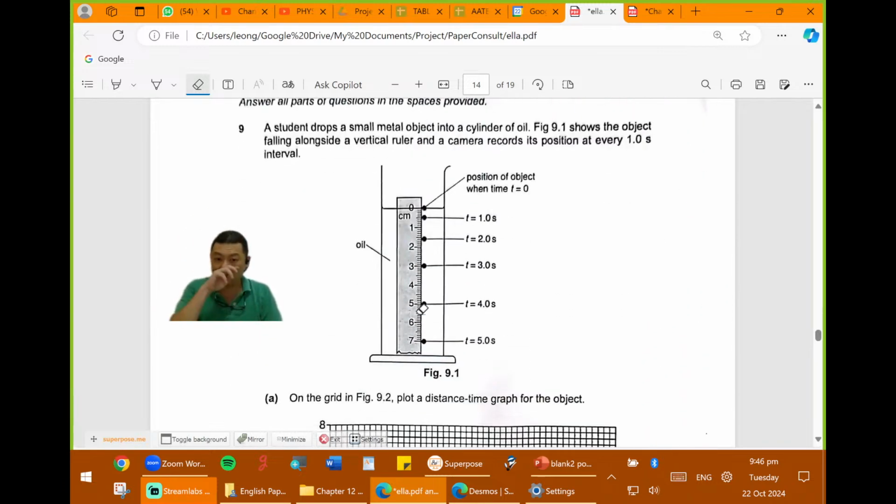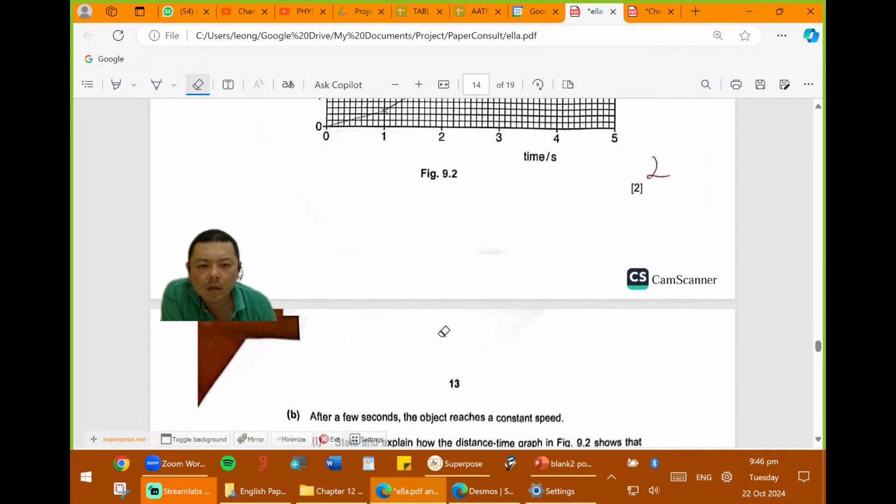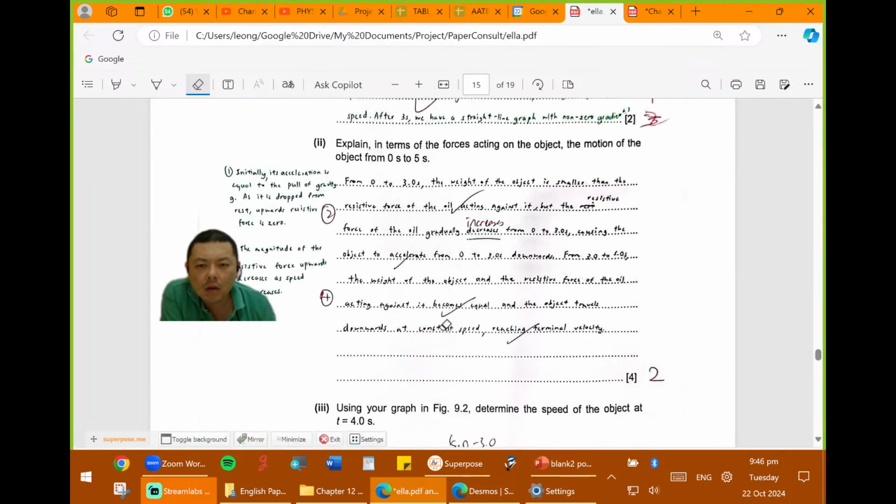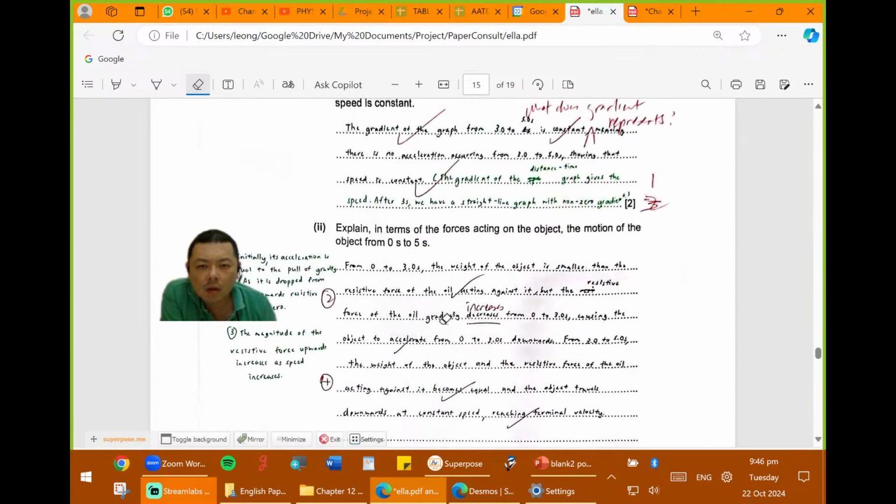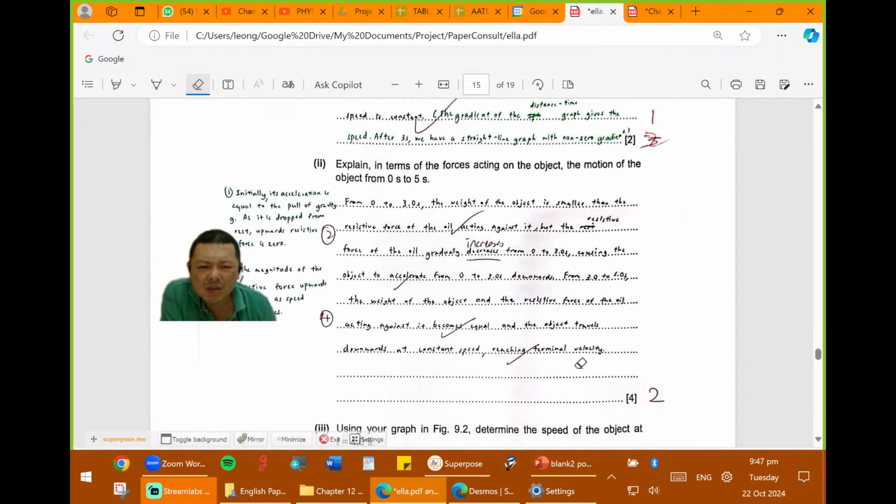Okay, never mind, go on. Hey, lazy, this teacher. 4 marks. Throw one whole explanation question 4 marks. Give more questions. Why throw one whole thing 4 marks like that? This is called lazy, the teacher.